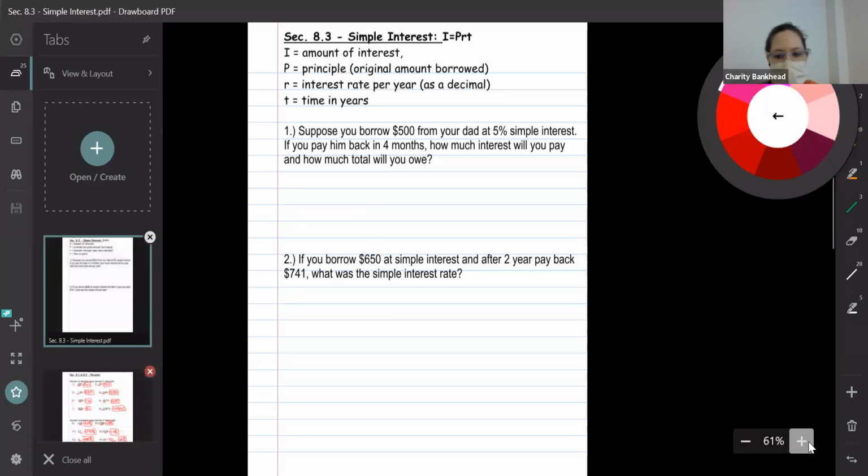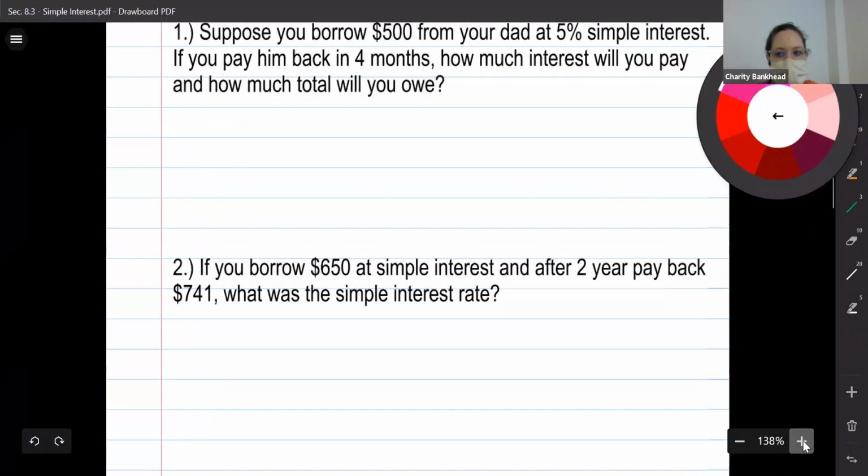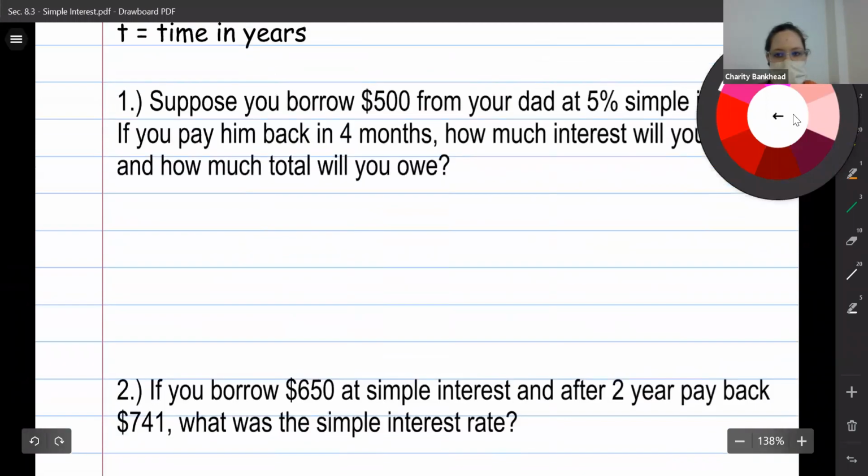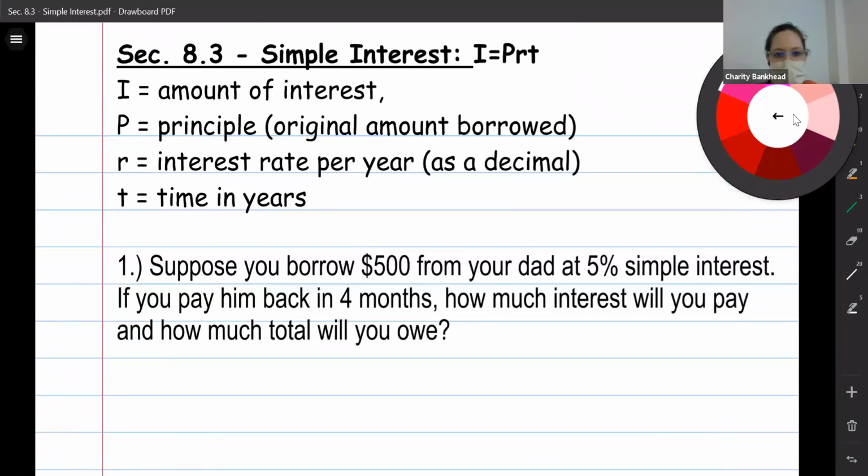All right. So 8.3 is about simple interest. The most commonly used formula for simple interest is I equals PRT. And that formula is on the formula sheet.